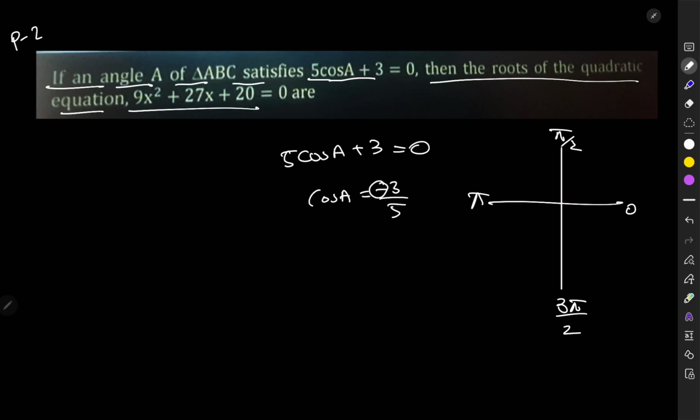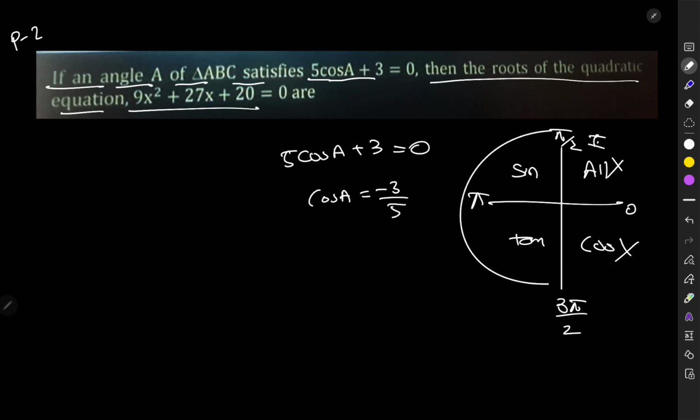We can notice that there is a negative sign in cos. So it can't be the first quadrant, because all the trigonometric ratios are positive there. So the first quadrant is eliminated. Sine is positive here, tan is positive here, cos is positive here, so these are eliminated. So it will be somewhere between this.